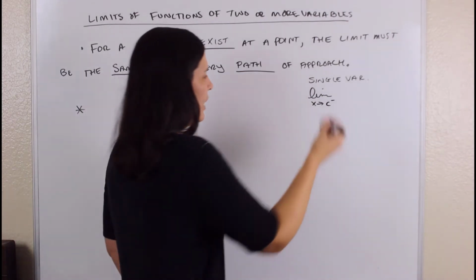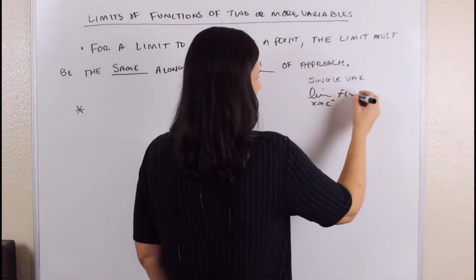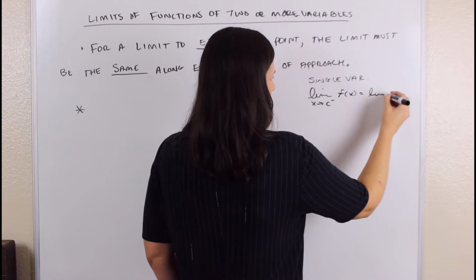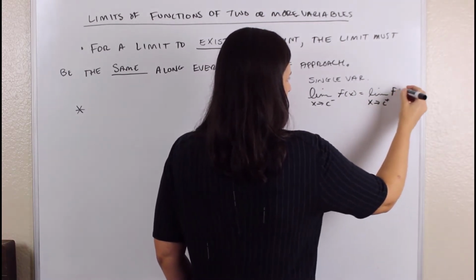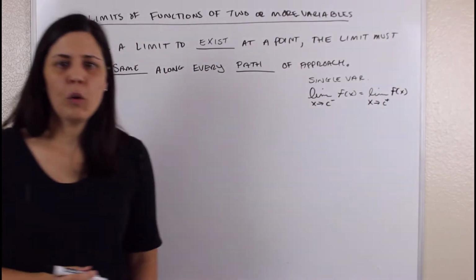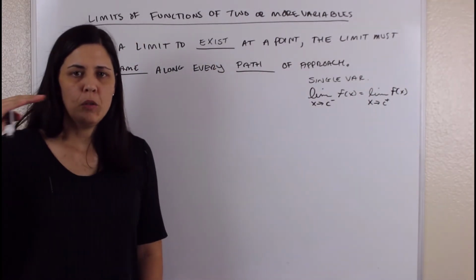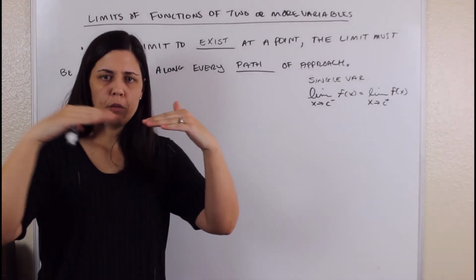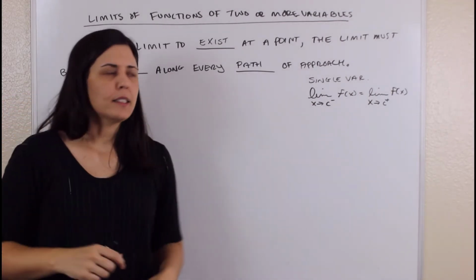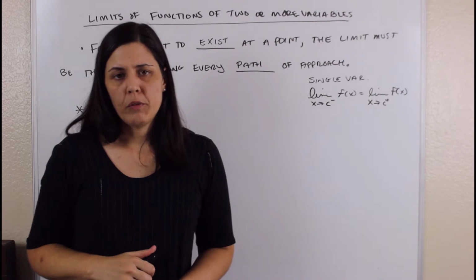These have to be equal: approaching from the left had to be the same as what you get when you approach from the right. And that was because there were only 2 directions or paths of approach. I can approach from the left or the right of my x number because it was a single variable. It was only focusing on the x-axis. So that's all I had to make sure of.